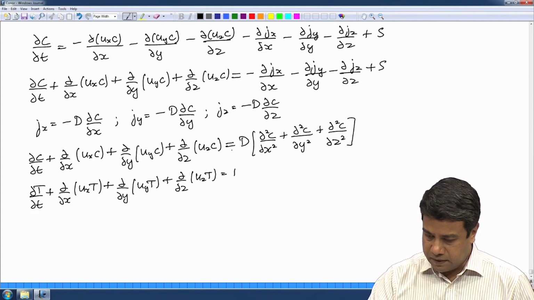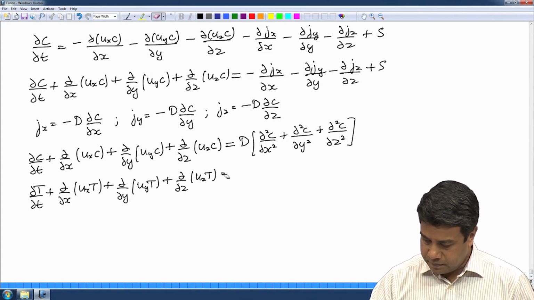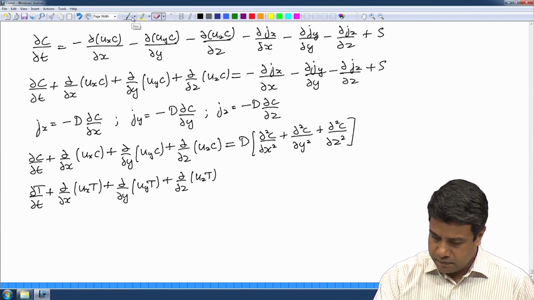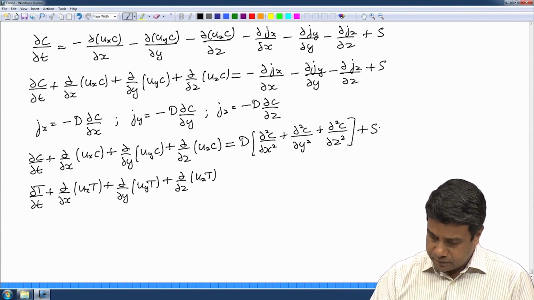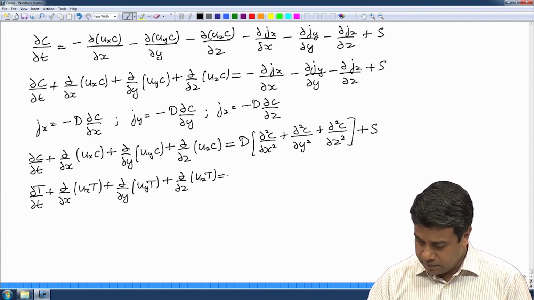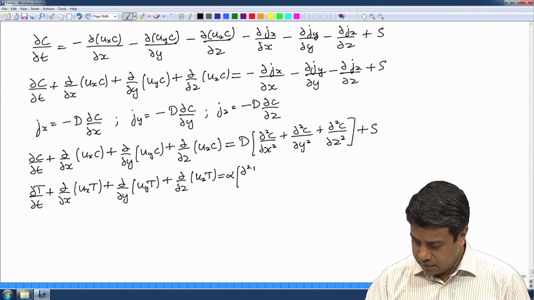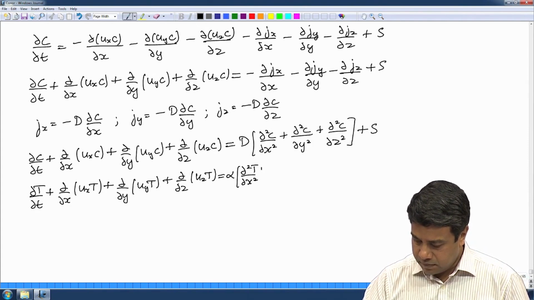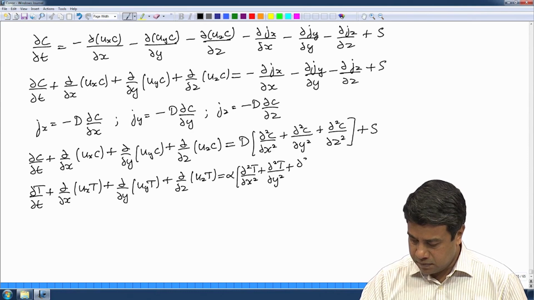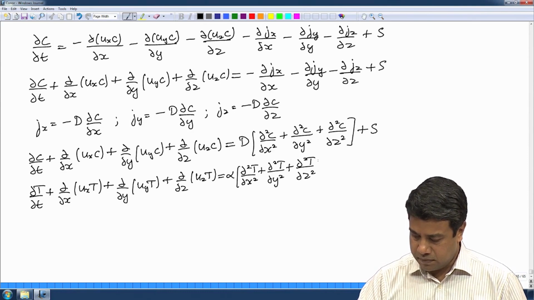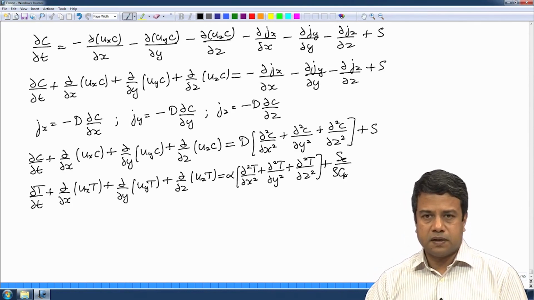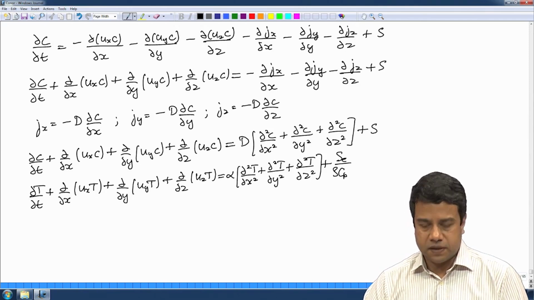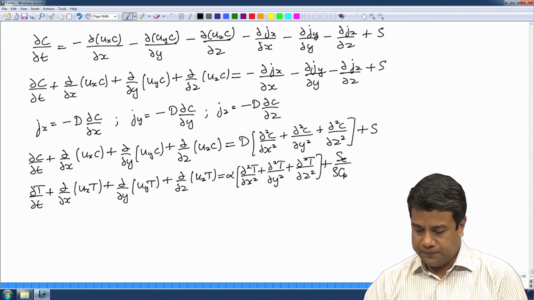Is equal to alpha, I should put a source here, my apologies. Plus the source of energy by rho Cp. So, that is the thermal energy conservation equation for a Cartesian coordinate system.